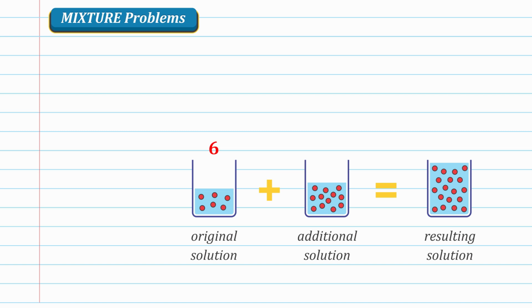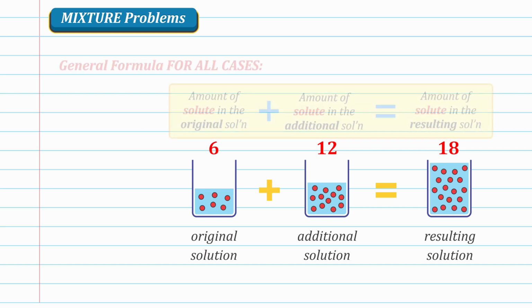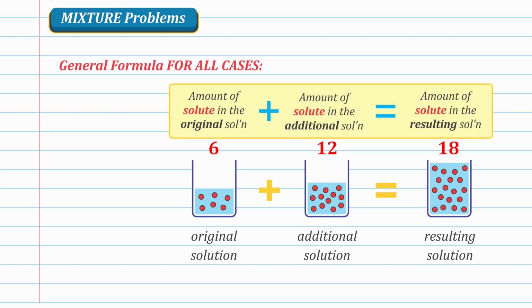Then, we add a second solution with, let us count, 12 granules of salt. We can conclude then that the resulting solution should have 6 plus 12 equals 18 salt granules. Make sense? This now leads us to the general formula in solving mixture problems with focus on the solutes.